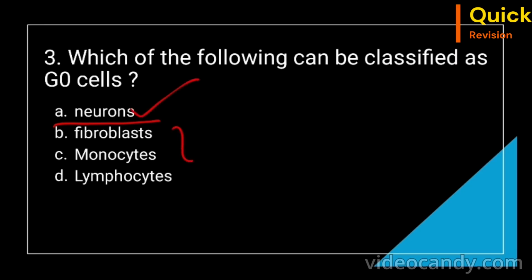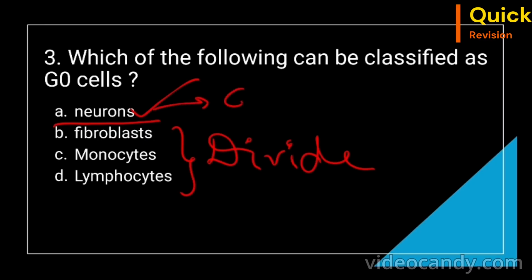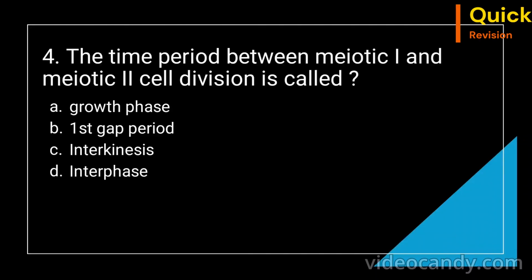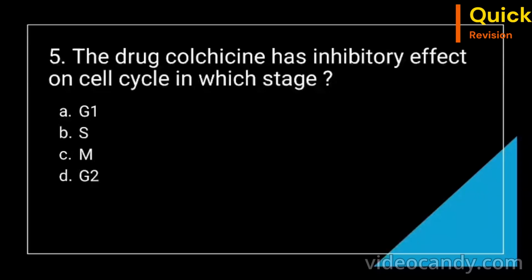All the other 3 continue division, whereas the neurons undergo the G0 stage. Fourth question, the time period between meiotic 1 and meiotic 2 cell division is called growth phase, first gap period, interkinesis, or interphase. So the correct answer is interkinesis.